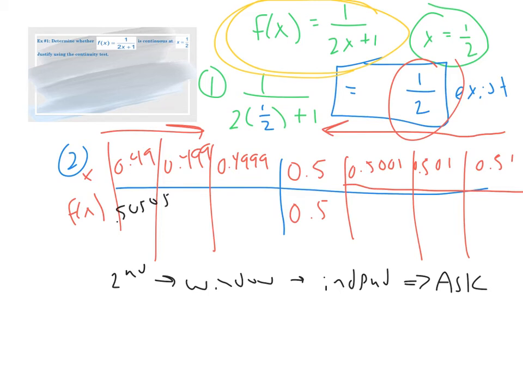If I enter 0.499, I'm getting 0.5005. If I enter 0.4999, I'm getting 0.50005. So what it looks like is happening is as we're converging closer to 0.5 from the left side, it looks like it's approaching 0.5.